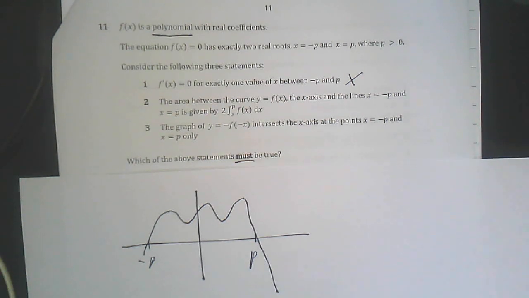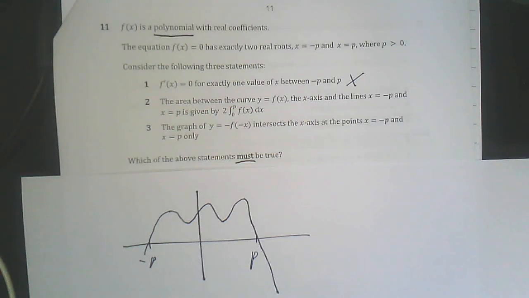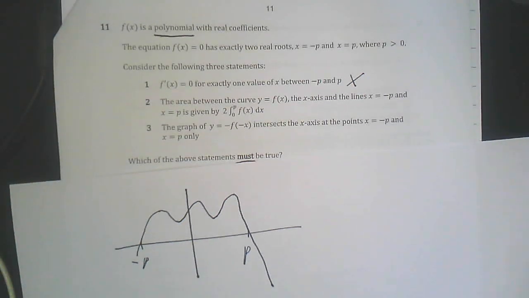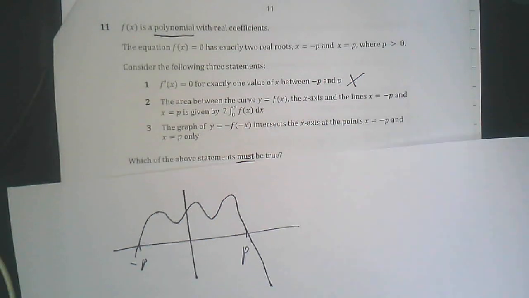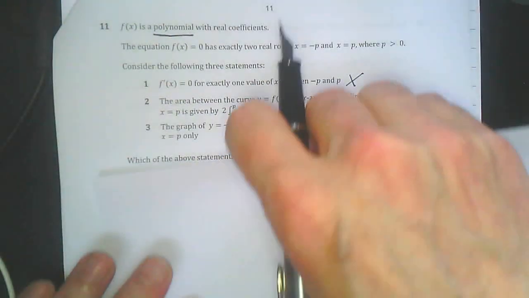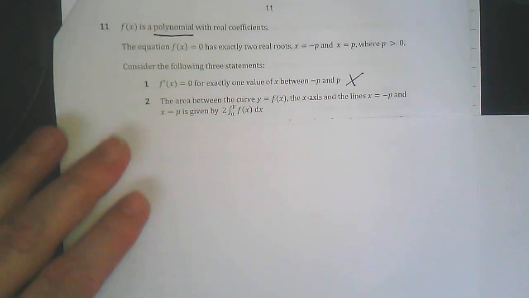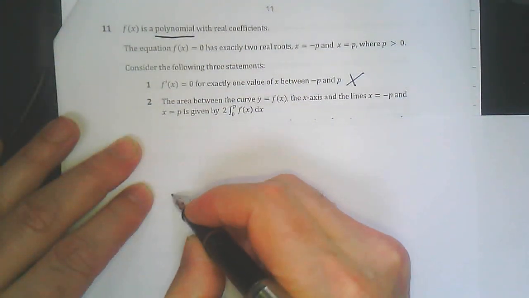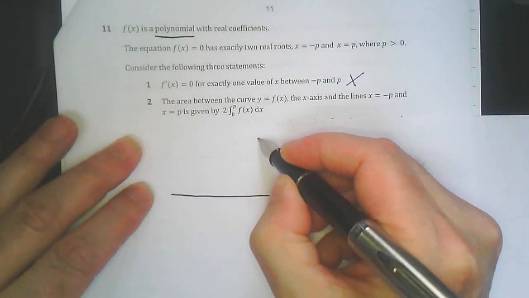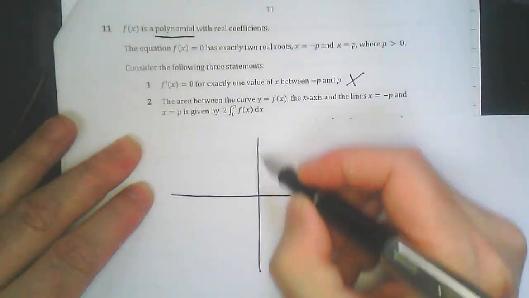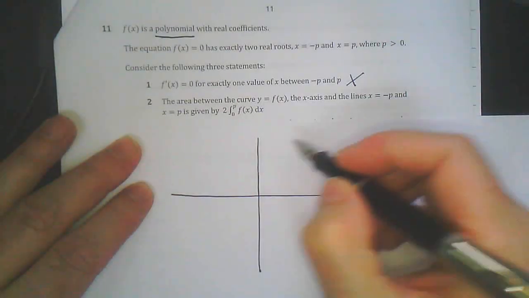Part 2. The area between the curve and the x-axis and the lines x equals minus p and plus p is given by twice the area from 0 to p. So an example of what that might look like: you definitely need symmetry around the line x equals 0.